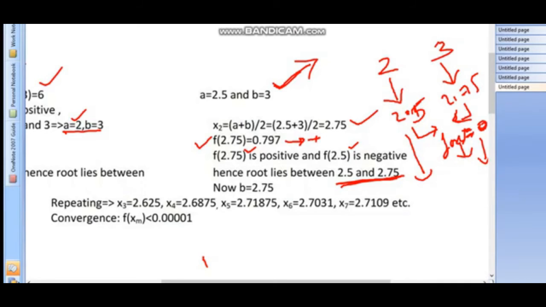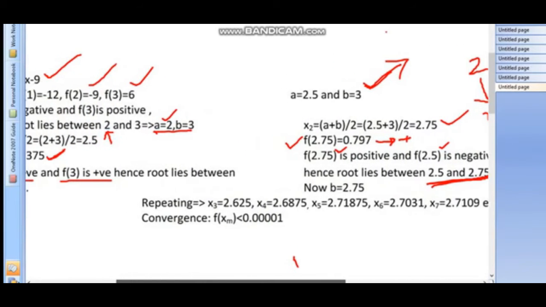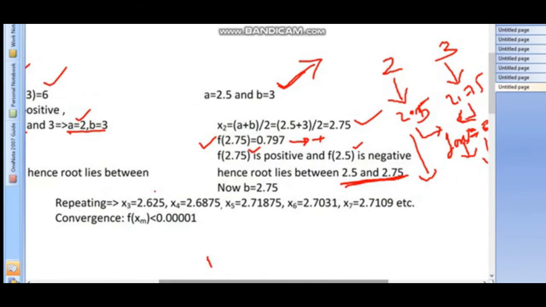So if you calculate this in a repeated way, then you can see the x3 value is 2.625, x4 is 2.6875, and so on, up to x7 I have calculated here.